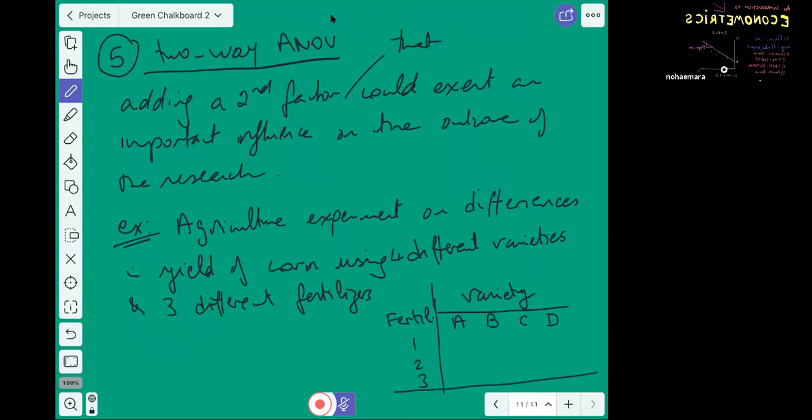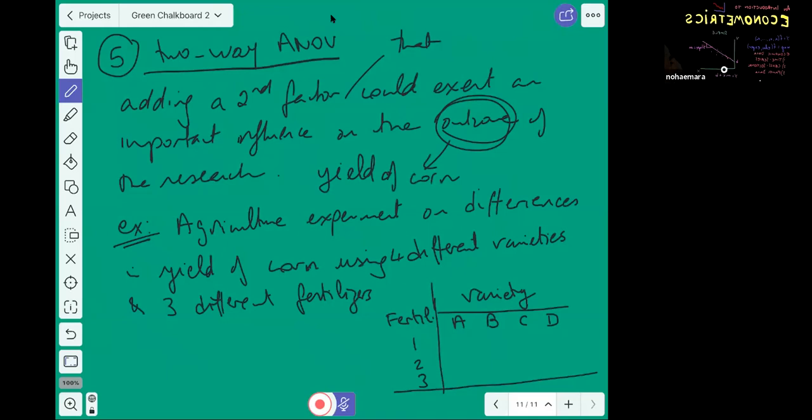And the outcome I'm looking for is the yield of corn, right? So this is the outcome of this experiment, which is the yield. Like this is the measure of productivity in this example. So yield of corn.